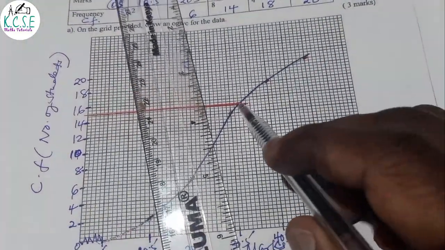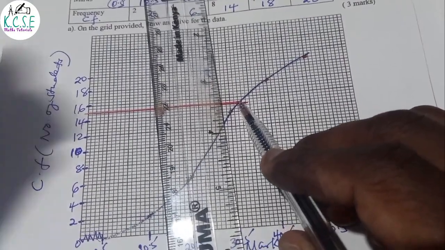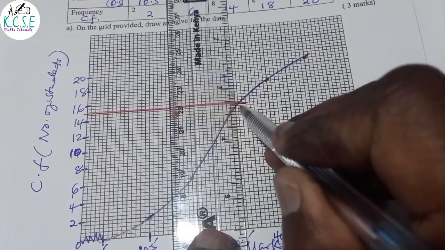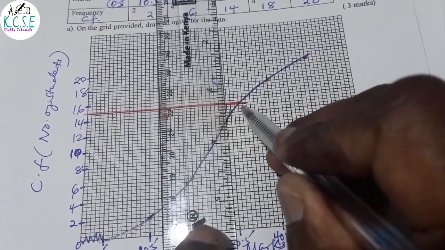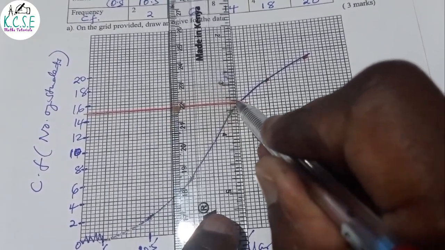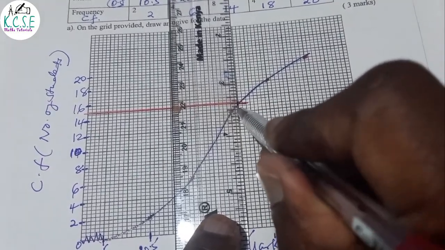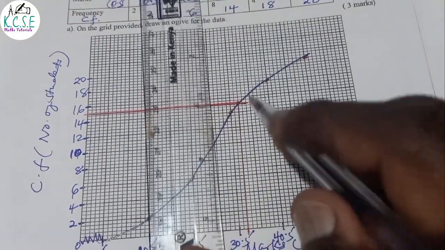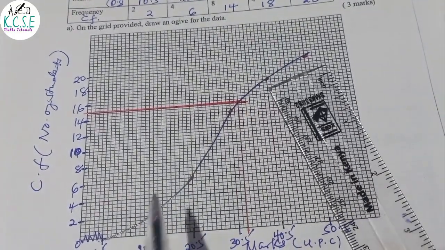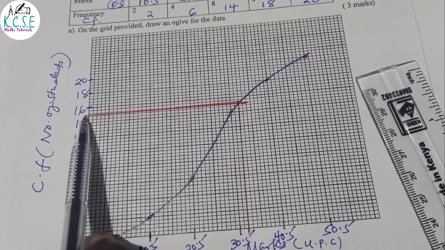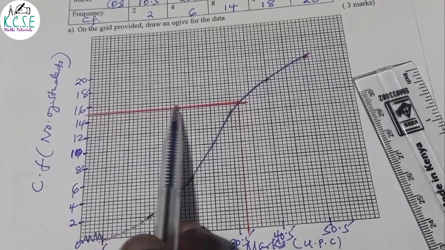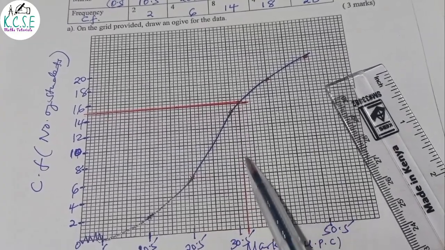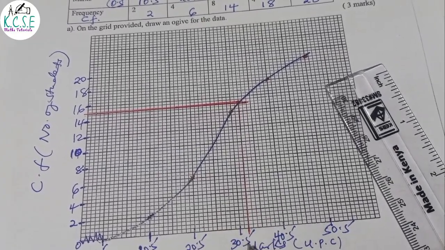And then this is the point where it touches the curve. Draw a straight line from there. So to get the pass mark, go to the 15th student at the center here, draw a straight line passing through the center there. Then this is the point where it touches the curve. Draw a straight line going down, and this is the pass mark.